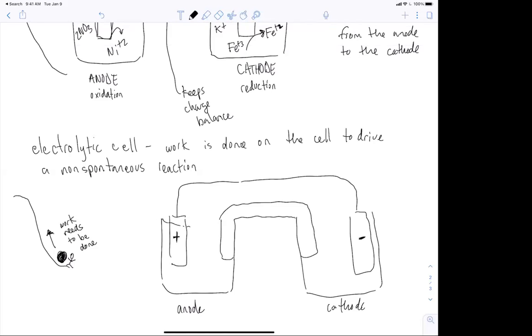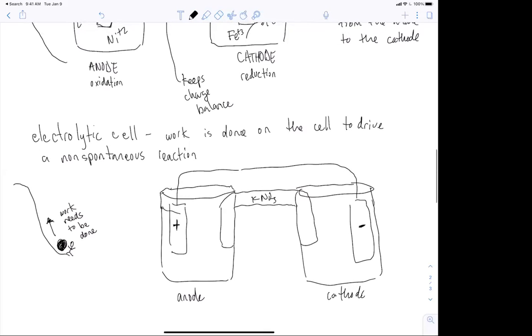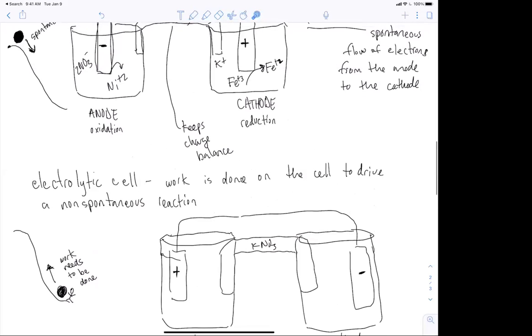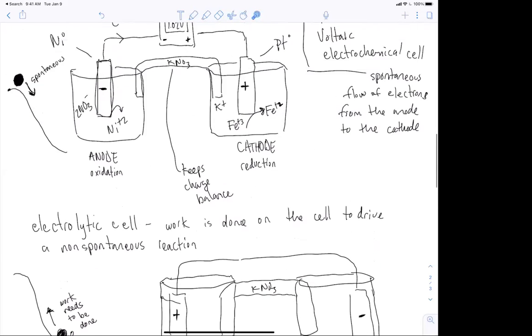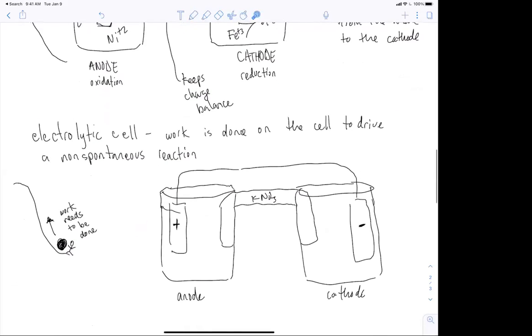So up here, you'll notice that we take our cathode. The cathode is labeled positive because electrons are flowing from the anode to the cathode. When we come down here, though, now the cathode is labeled negative.